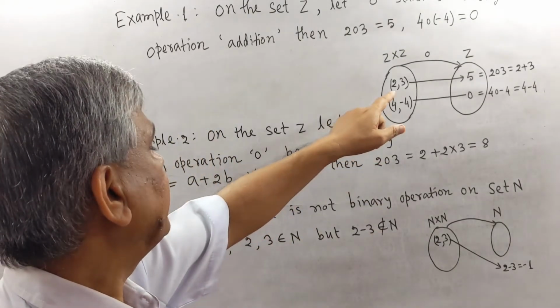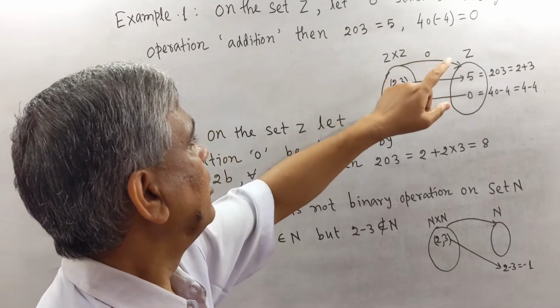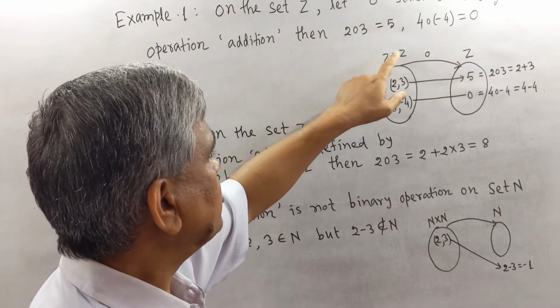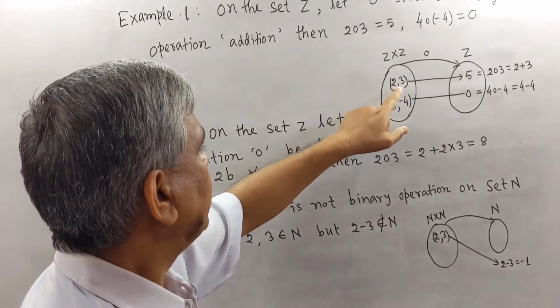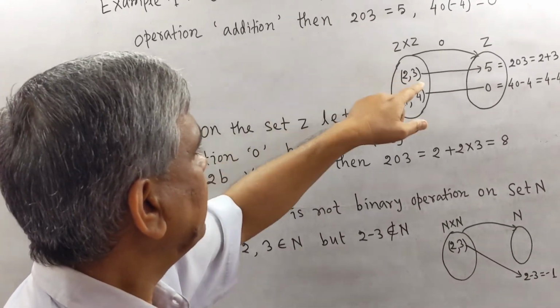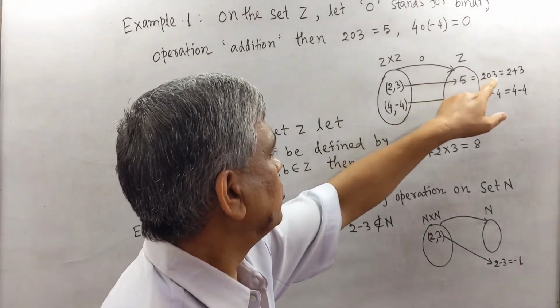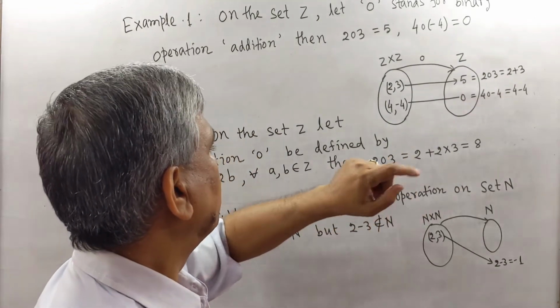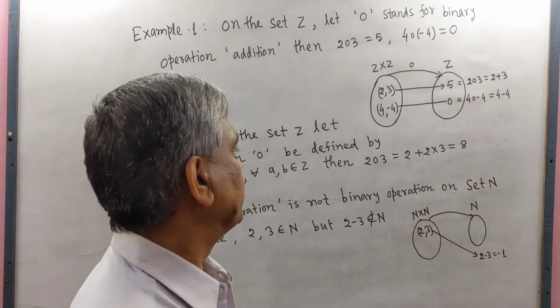Here we may see that this binary operation is a function from Z cross Z to Z. The ordered pair (2, 3) has image 5 as 2 plus 3. Similarly, this image is 0, 4 minus 4.